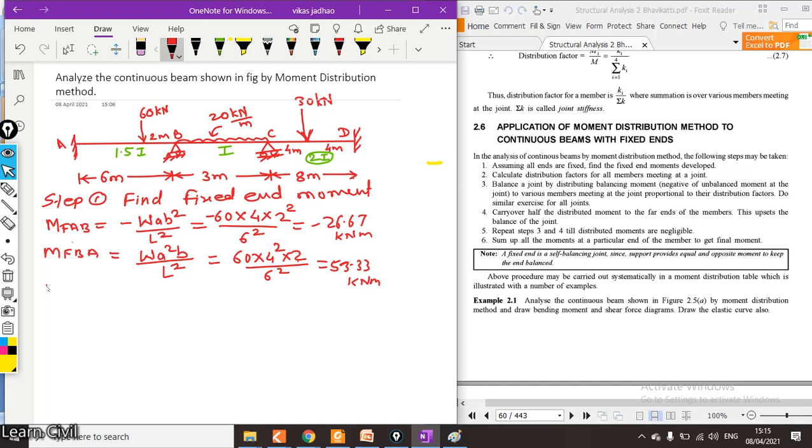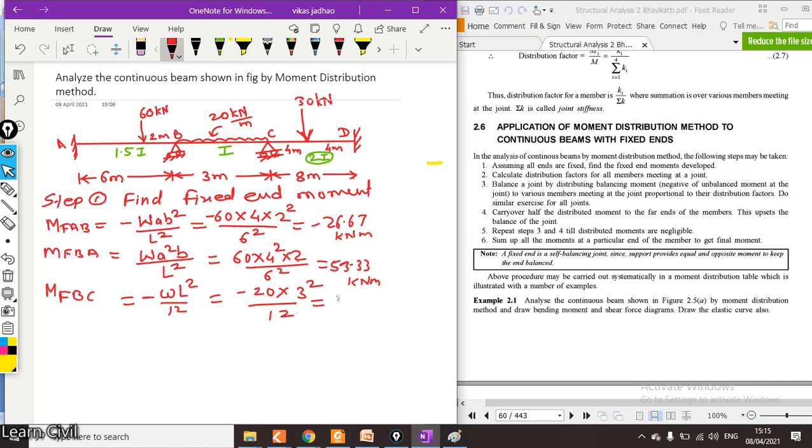Now similarly, to calculate the fixed end moment MFBC, BC is subjected to uniformly distributed load, therefore fixed end moment will be minus W L square upon 12. We have W as 20, so minus 20 into L is 3 meter, 3 square divided by 12.